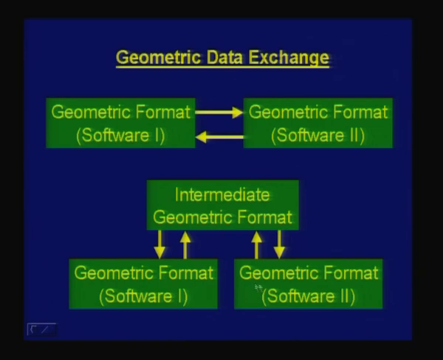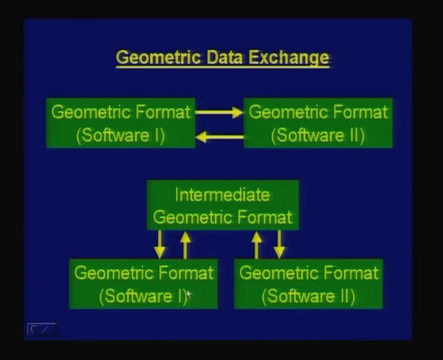Another way of looking at geometric data translation is this: in order to move from one particular software to another, I do not have a direct translator between these two packages, but I make use of some intermediate format, which can be a standard or a universally accepted format in some manner.